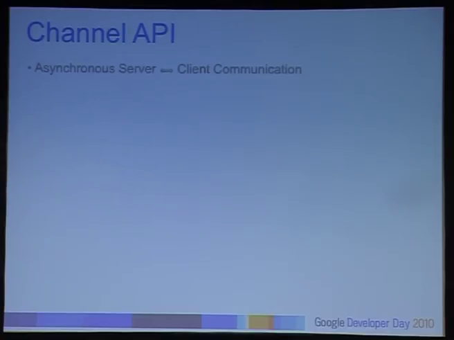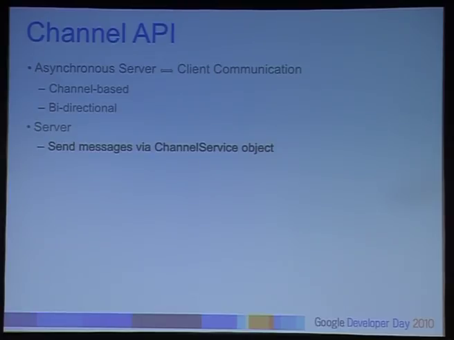So the Channel API is asynchronous server-client communication. It's based on channels. Each channel has a name, so you set up a named connection between your users and the server. It's bidirectional. The cool feature is that you can go from the server down to the client, but you can also send from the client to the server. On the server side, you send messages via a channel service object, and then you receive your messages in a little webhook.